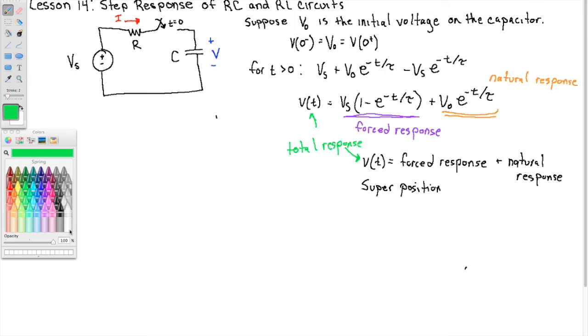Okay, so if we have an RC circuit and we want to know what the step response is, well, that's going to be the voltage across the capacitor at infinity, and I'll explain that in a second, plus the voltage of the capacitor right after the switch minus the voltage of the capacitor at infinity, times e to the negative t over tau.